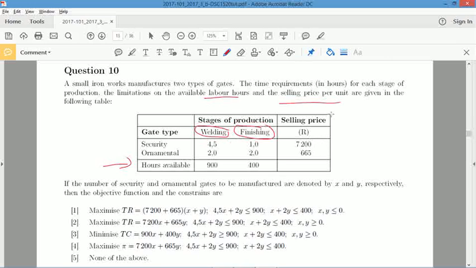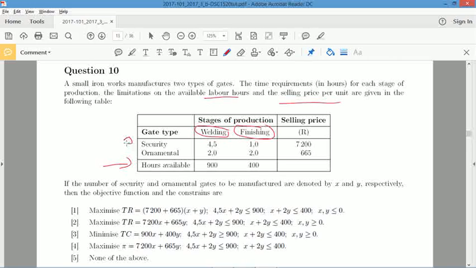Right. So the table really helps a lot because they've given you everything in that particular table. So if the number of security and ornamental gates to be manufactured are denoted by X and Y respectively.